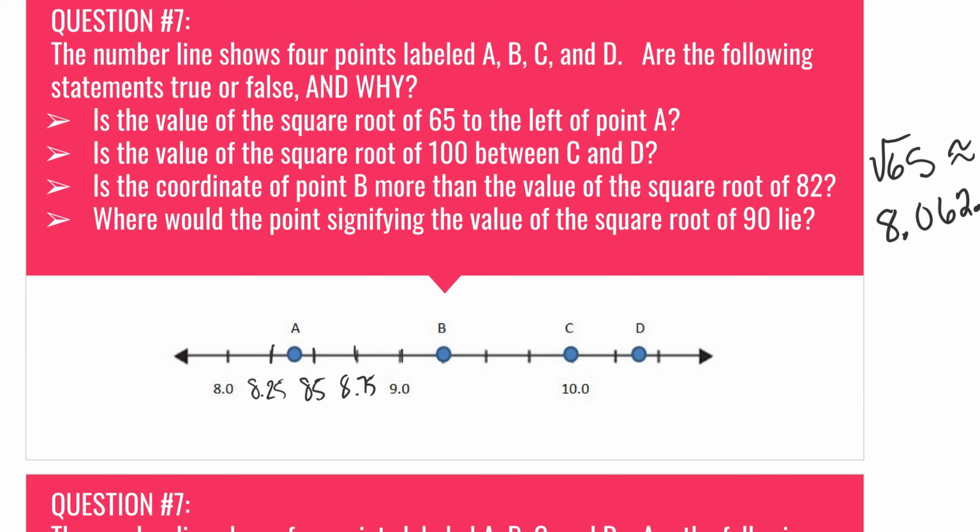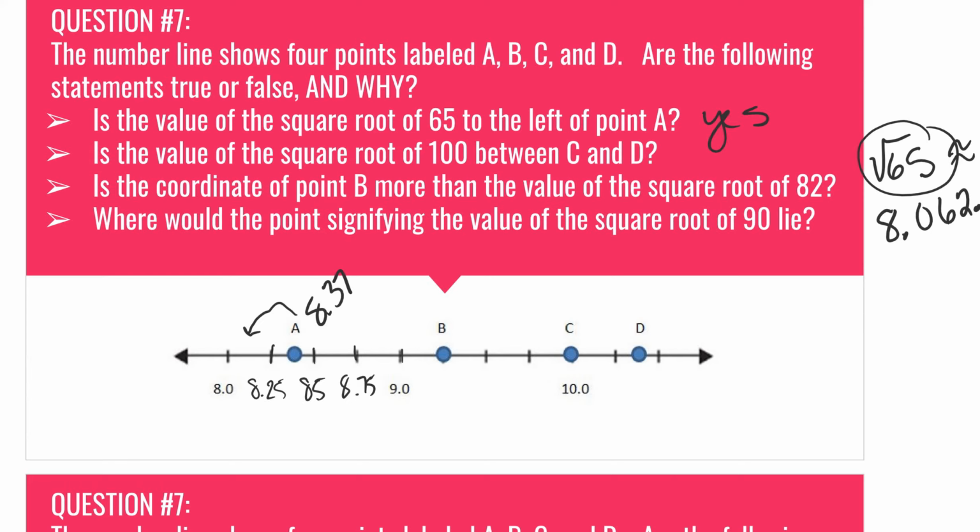So is the square root of 65 to the left of A? Yes. A looks like it's about 8.37, 8.38. And that number is definitely smaller.